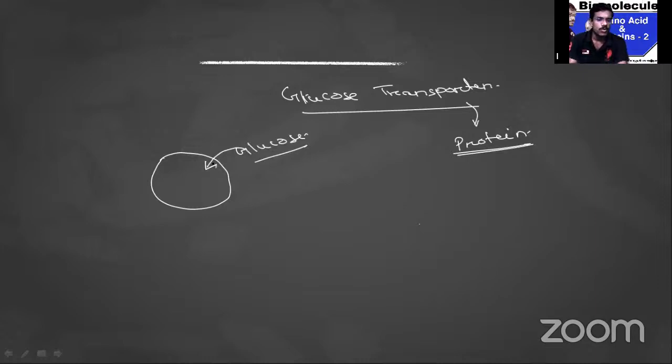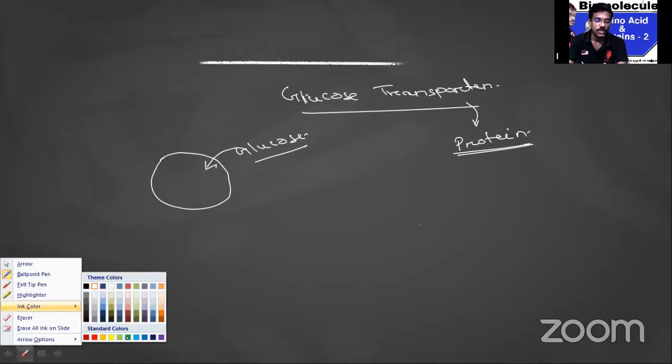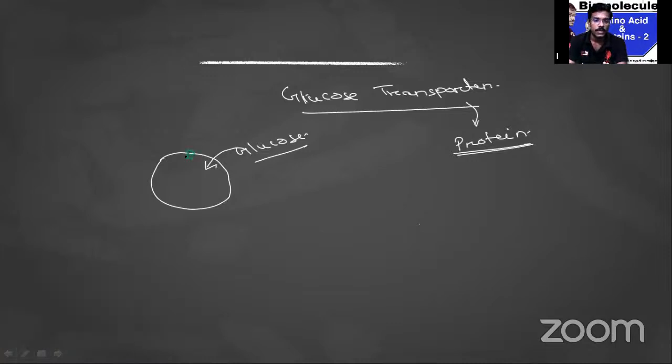But this glucose will not easily enter the cell without any help. It will take the help of some proteins present in the plasma membrane, and these proteins are the glucose transporters. Suppose these are the glucose transporter proteins.